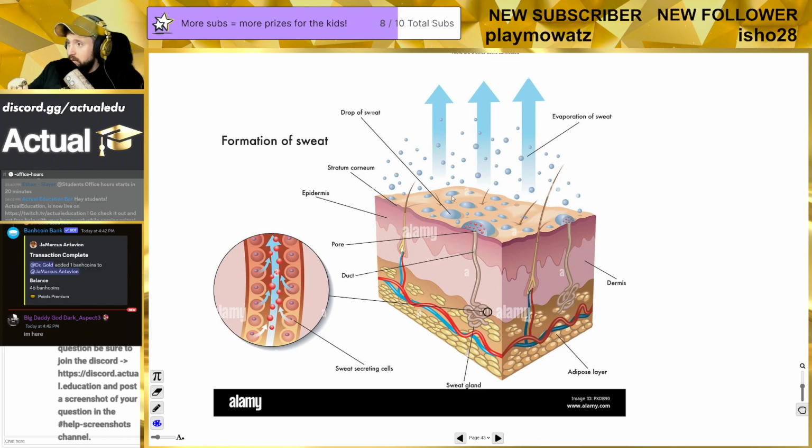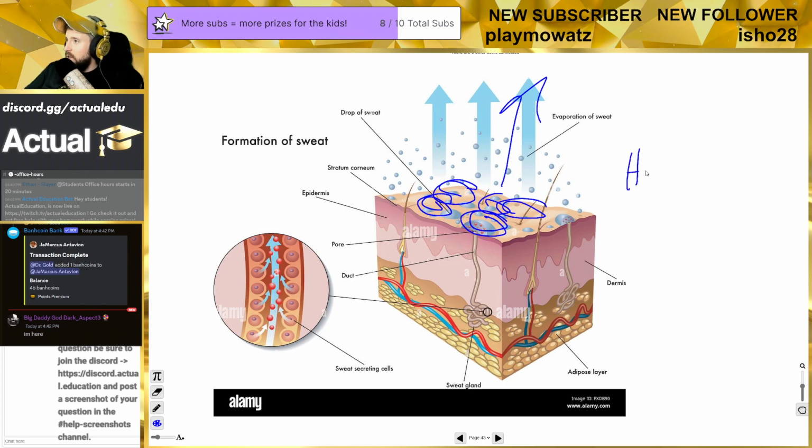There's a bunch of little glands and sweat-secreting cells, but they basically put water on top of your skin. Then this water will evaporate into gas, into the air. But you know that in order for evaporation to happen, you need to give energy to a liquid, right?